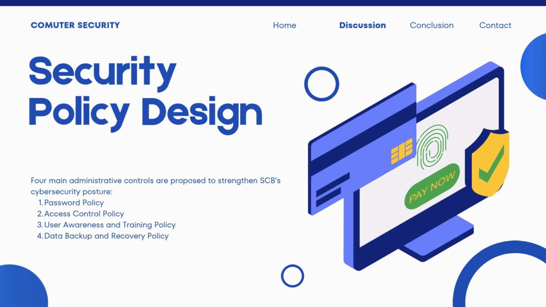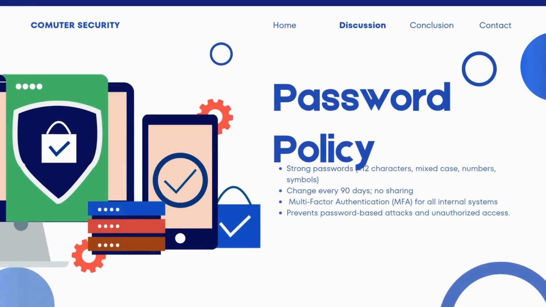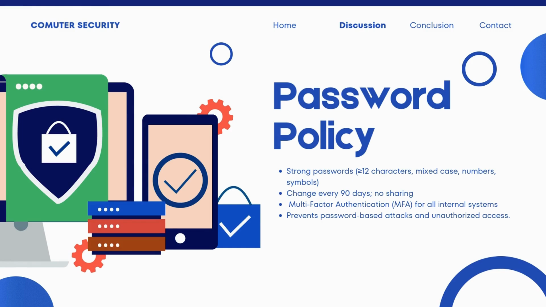Lastly, data backup and recovery policy, to ensure data can be restored quickly after an incident. These policies work together to maintain data confidentiality, integrity, and availability, ensuring that Sunrise Community Bank stays secure and resilient against cyber threats.